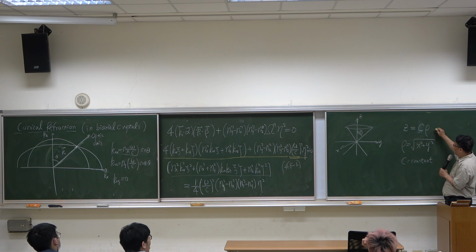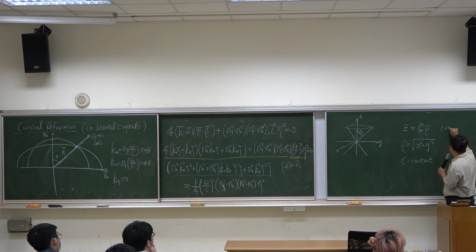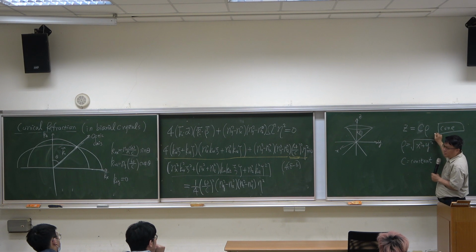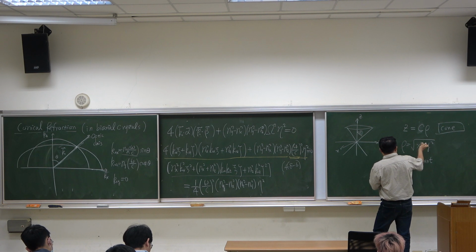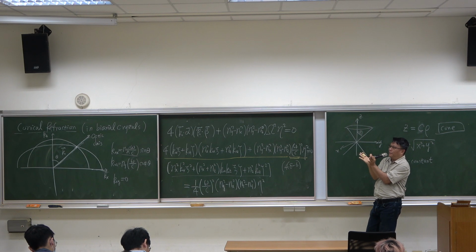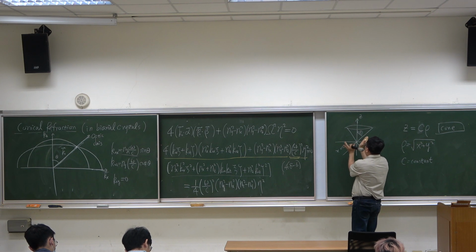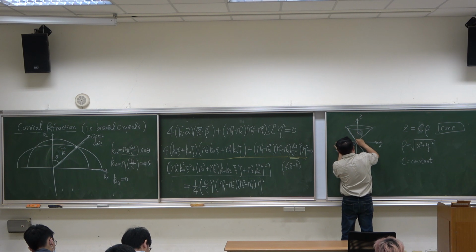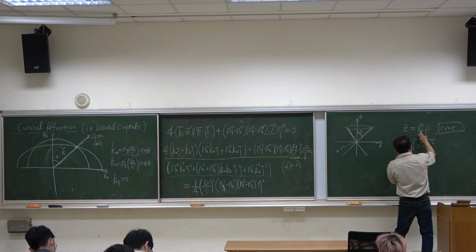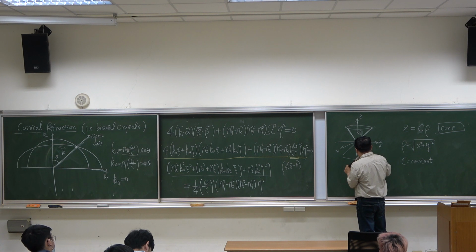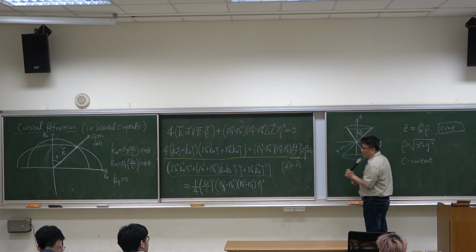This describes a cone. If c is positive, I get this cone. And if c is negative, I get this cone. Okay?